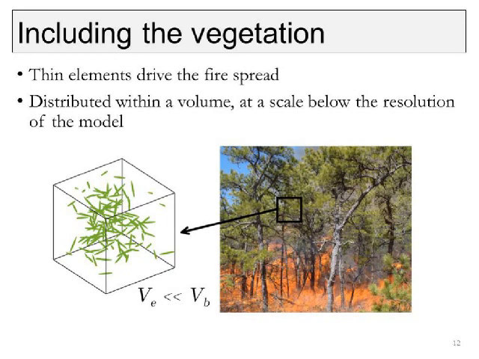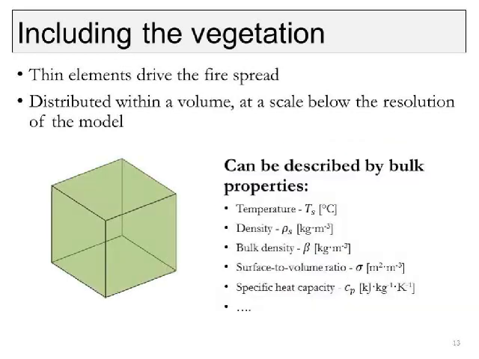We're instead able to just describe the vegetation in each cell by some bulk properties. So we might have an average temperature of the vegetation, some average density, the bulk density, which helps us describe what's the proportion of solid material to gas within this grid cell, and so on.